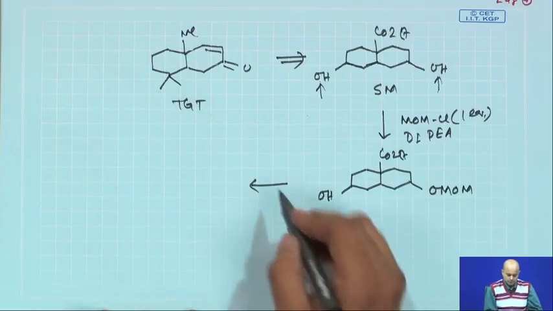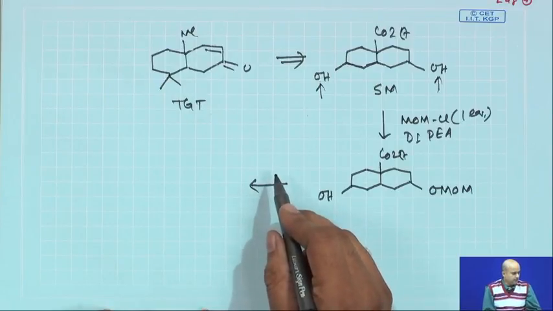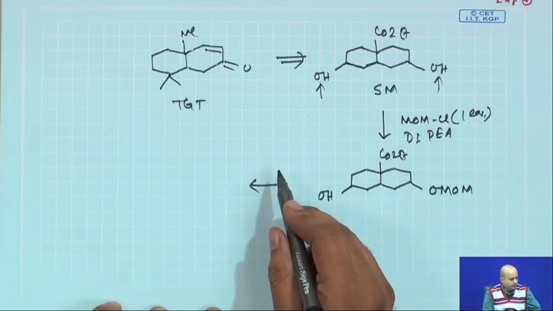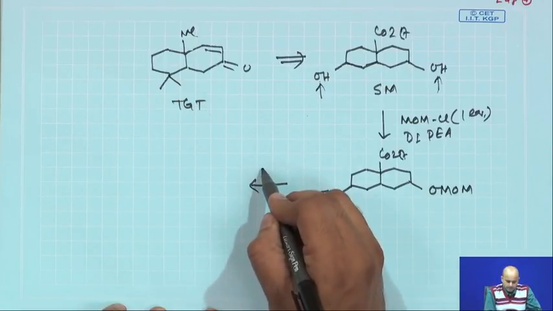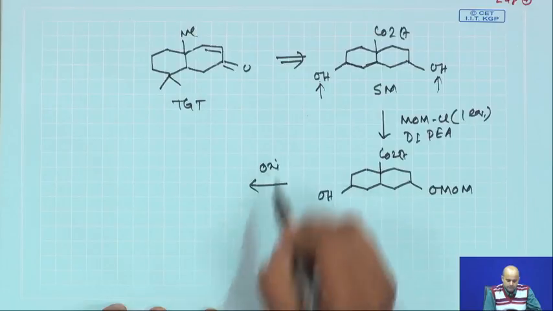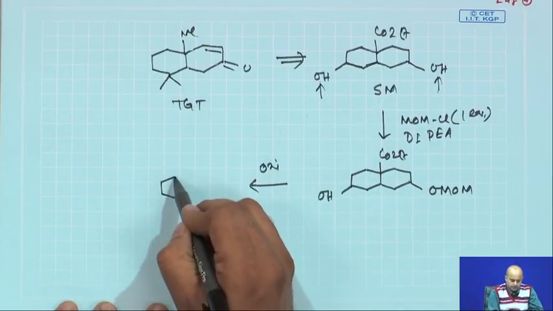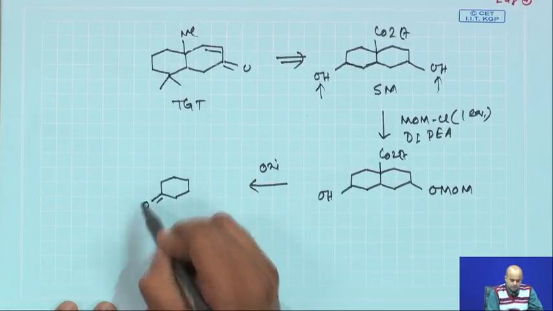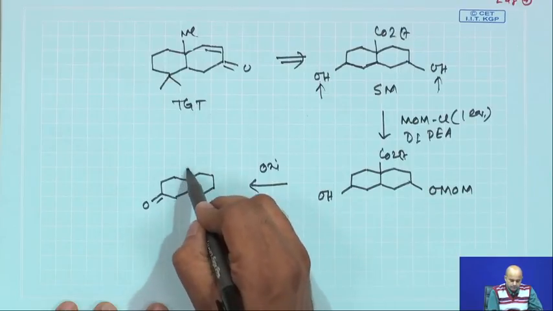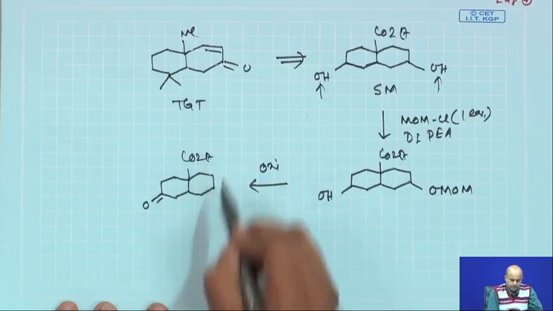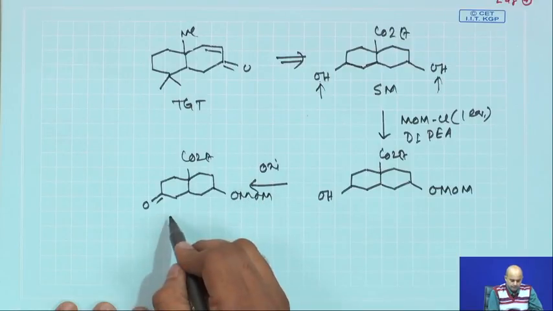So, the best way you can do it, just simply putting this molecule through an oxidation. Now, how can it be done? You simply do an oxidation this way, your MOM remains here.